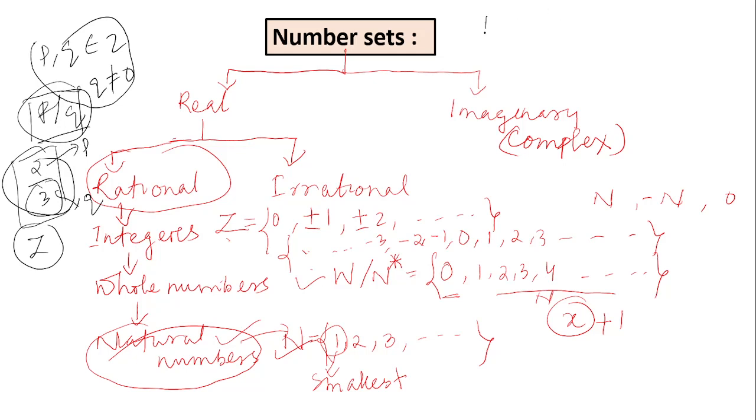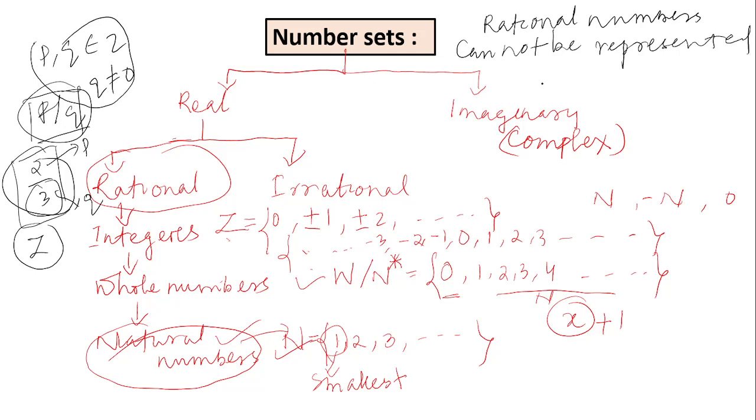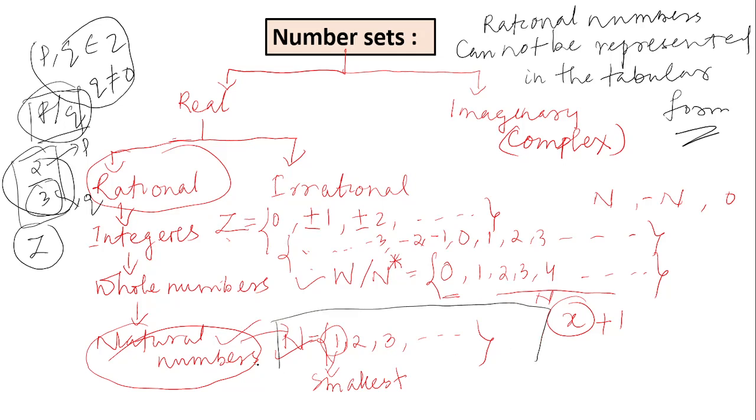Remember, rational numbers cannot be represented in the roster form or tabular form. We have represented natural numbers in the roster form.